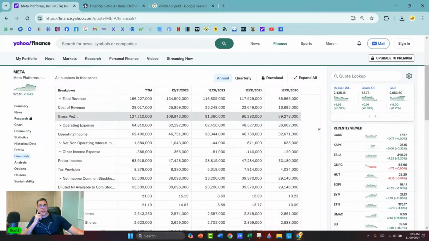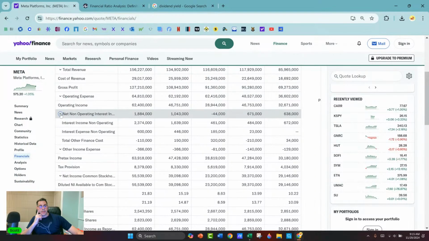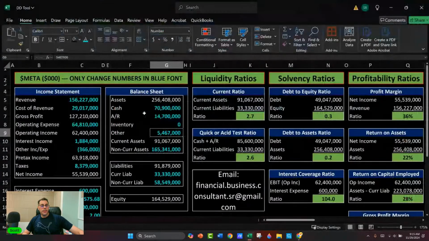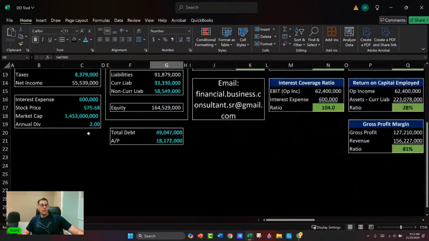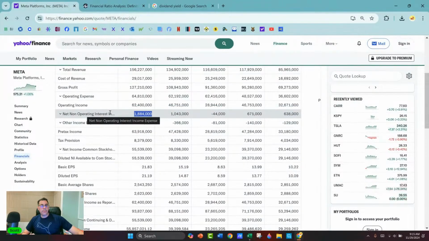The interest a company pays on its debt is going to be right here. Well, let me leave this closed. So earlier I saw net non-operating interest, which is 1.9 billion. So I put that into my Excel, 1.9 billion. That's net non-operating interest.